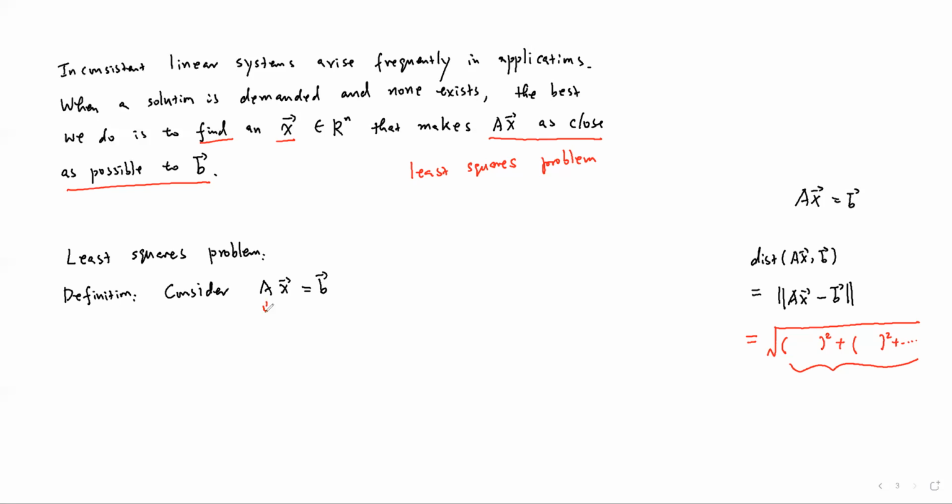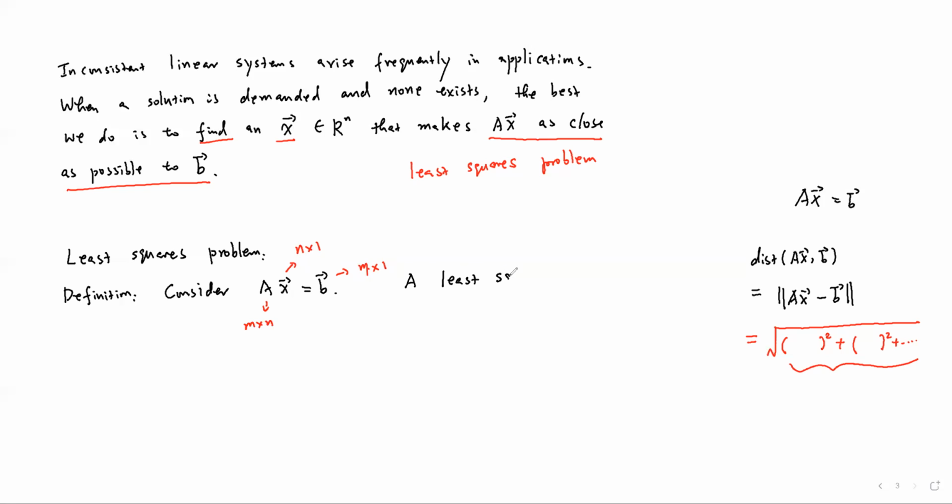We assume matrix A is very general, m by n, x is n by 1, and the right side is m by 1, because the left side, m by n times n by 1, is m by 1. Consider the solution of this linear system. Maybe this linear system has no solution.